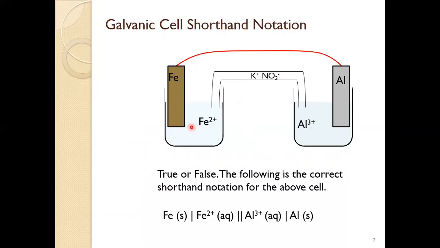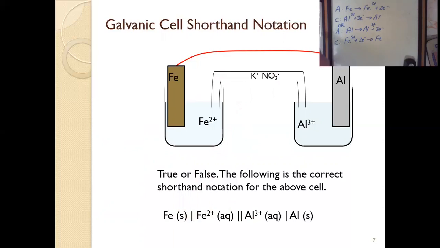And finally, our last example is looking at this depiction of a galvanic cell, and we decide whether the given shorthand notation is correct for this description. So this is showing the iron is the anode and aluminum is the cathode. But is that what we expect if this is a galvanic cell, if this involves a spontaneous redox reaction?